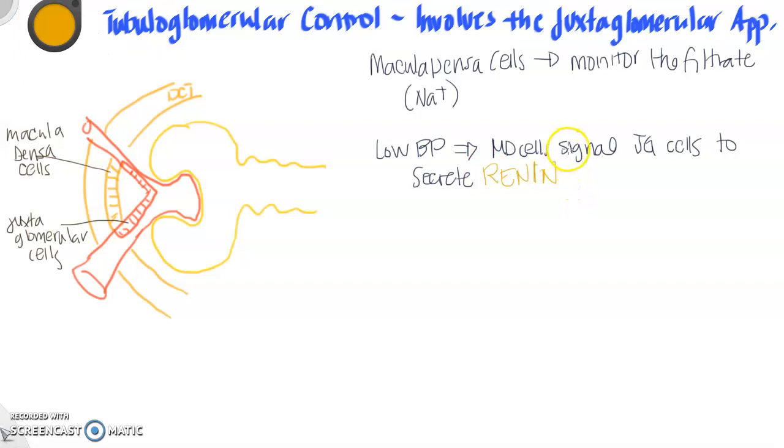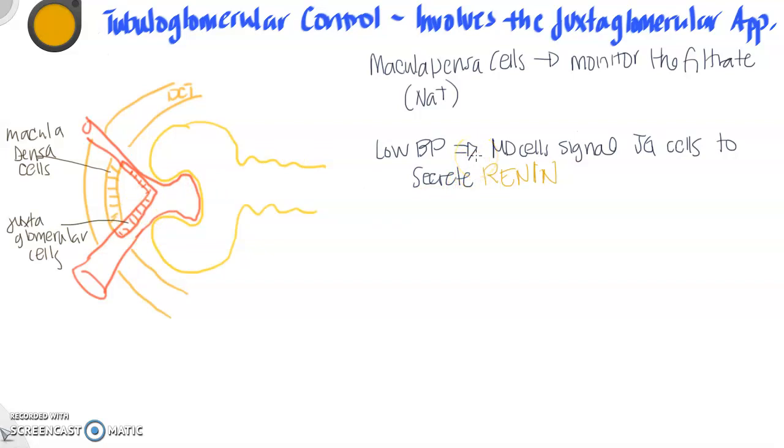And renin is a substance that when it goes into the blood, and remember that's what's happening because the juxtaglomerular cells are here along the blood vessels, so that means renin is going into the blood.